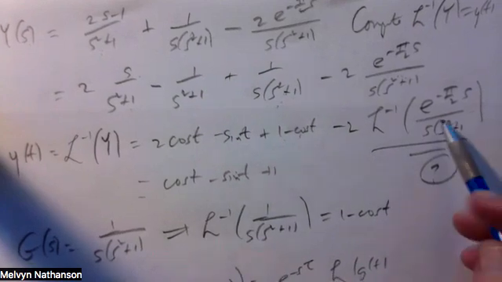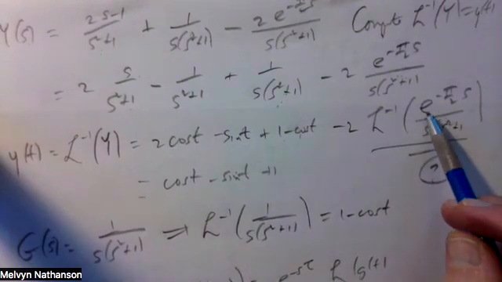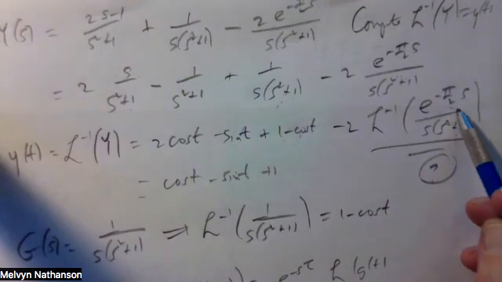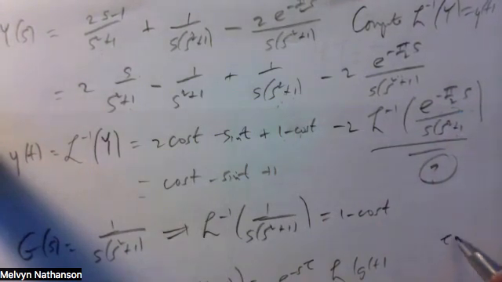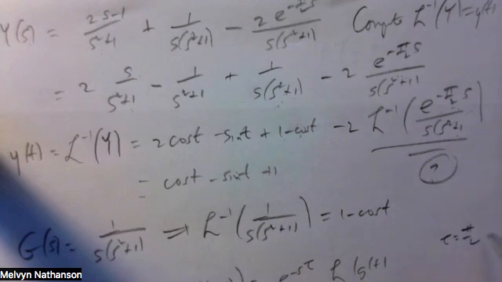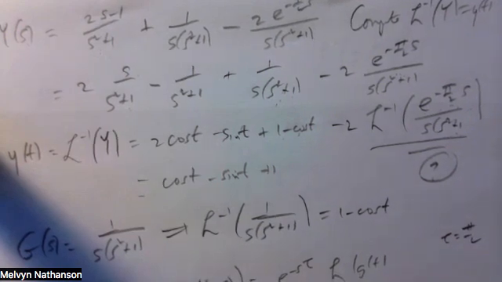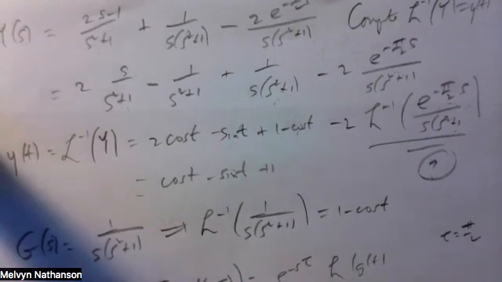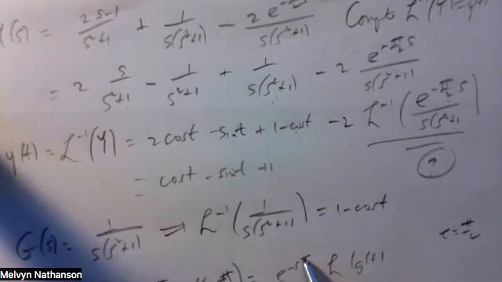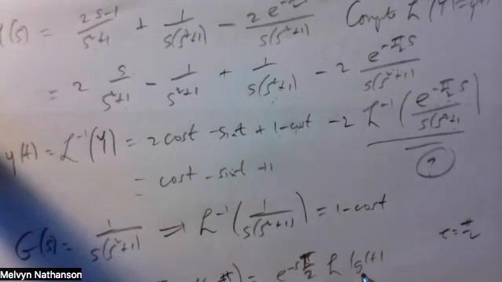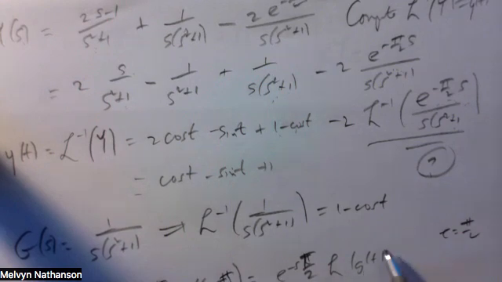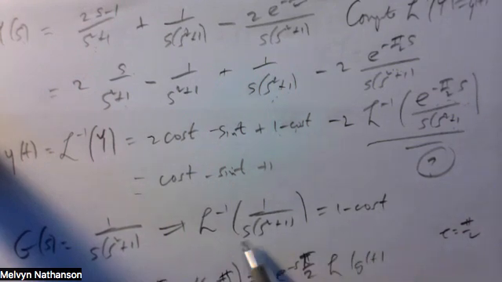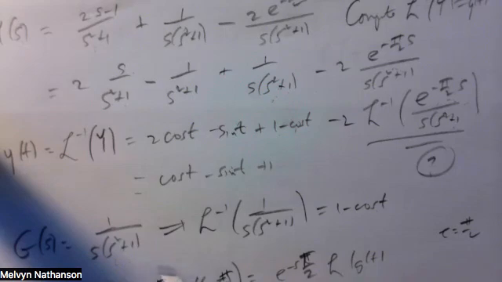Now, what I have here is e to the minus pi over 2s. So suppose I let tau equal pi over 2. This says the Laplace transform of u of t minus pi over 2, g of t minus pi over 2, is e to the minus s pi over 2 times the Laplace transform of g.